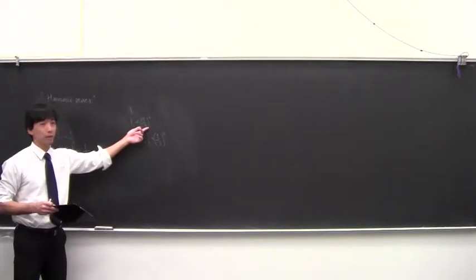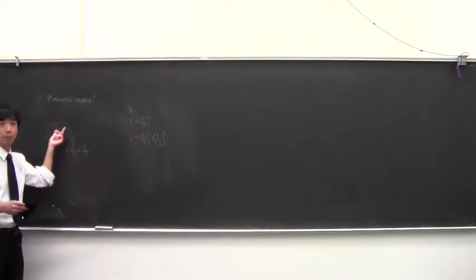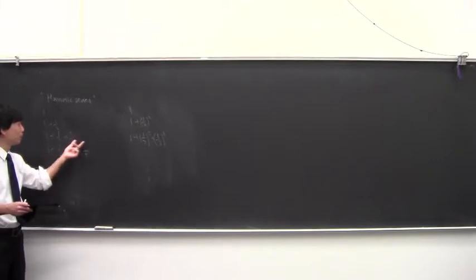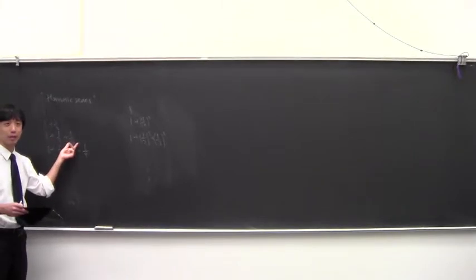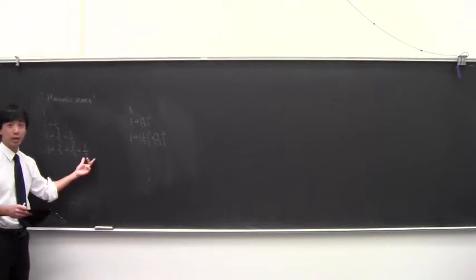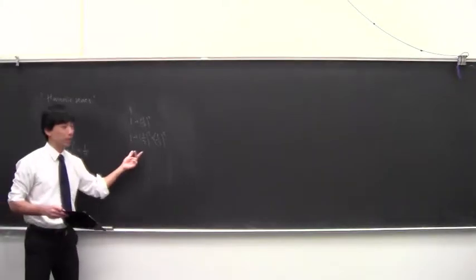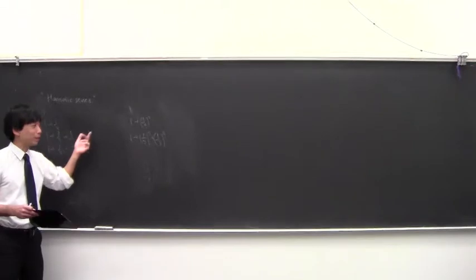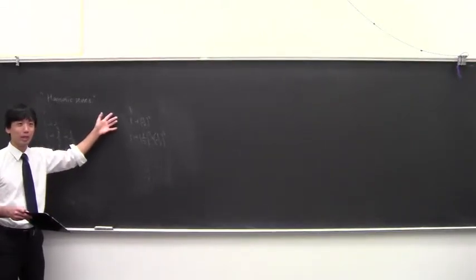Well, now the things we're adding on are small. In fact, they're smaller than what we had before, right? 1 half squared is smaller than a half. 1 third squared is smaller than a third. The things that we're adding on are shrinking at a faster rate than the ones we have here. So what do you think is going to happen? Will it be finite, or will it still be infinite?